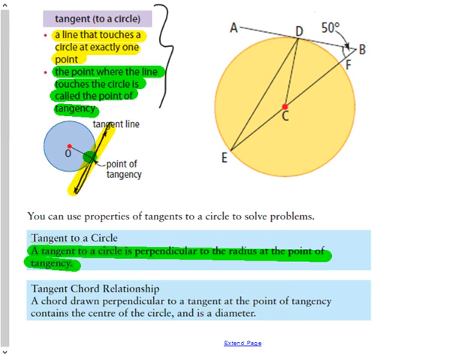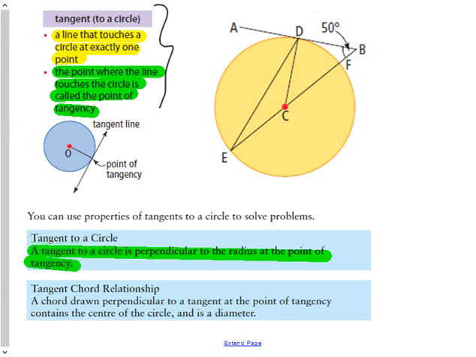This line that's outside the circle, where it touches the radius, that radius and the line will always be perpendicular, or 90 degrees to each other. In grade 7 you learned that this is parallel and this is perpendicular. So a tangent line will always touch the radius of a circle at 90 degrees.